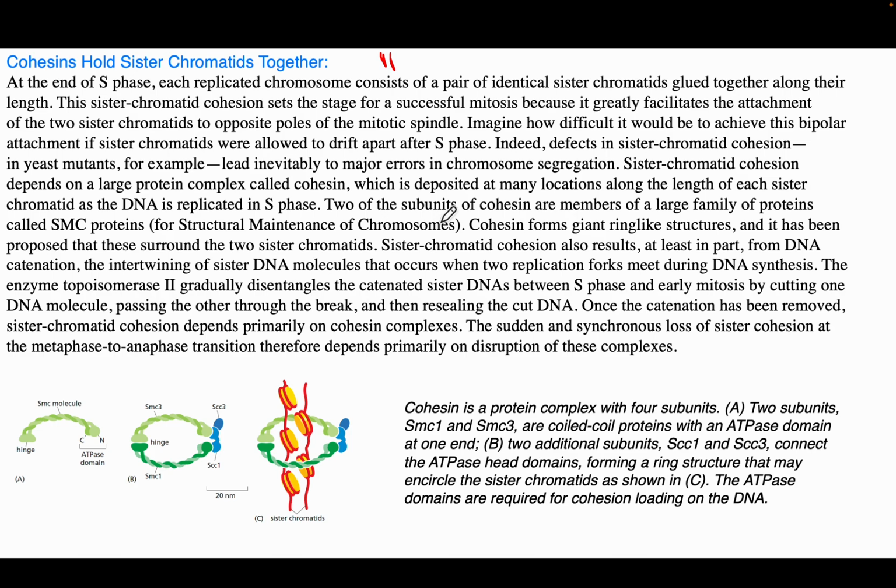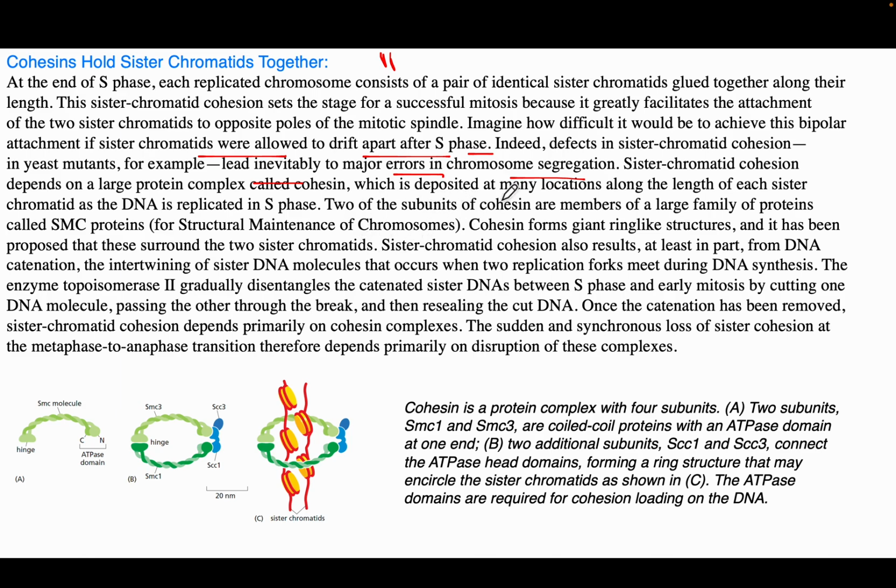So you can imagine how to achieve this bipolar attachment if sister chromatids were allowed to drift apart after S phase. Indeed, defects in sister chromatid cohesion in yeast mutants, for example, lead inevitably to major errors in chromosome segregation. Sister chromatid cohesion depends on a large protein complex called cohesin, which is deposited at many locations along the length of each sister chromatid as the DNA is replicated in S phase.